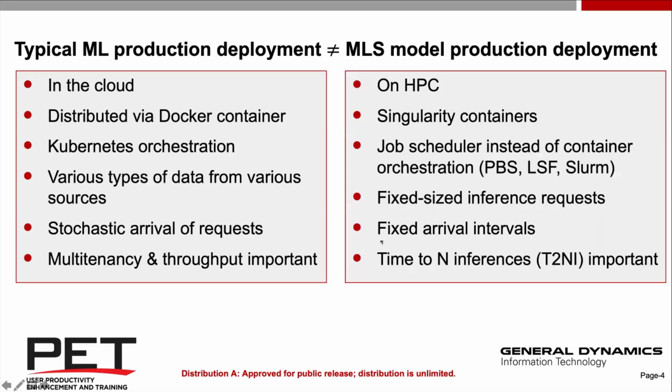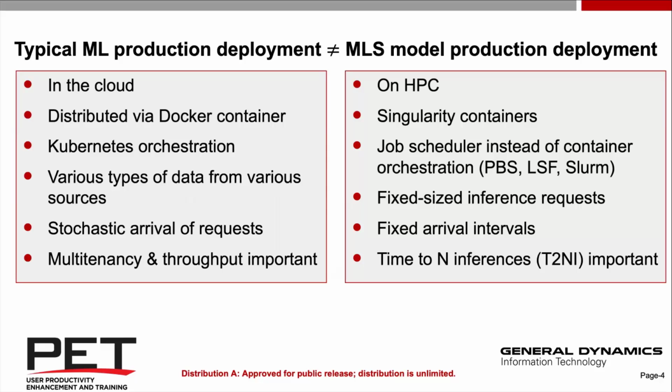On the other hand, for machine-learned surrogate models, what I'm calling MLS models, production deployment is typically on HPC, and they may be deployed directly on bare metal or using Singularity containers as opposed to Docker containers. Instead of Kubernetes orchestration, typically job schedulers are used, such as PBS, LSF, or Slurm.